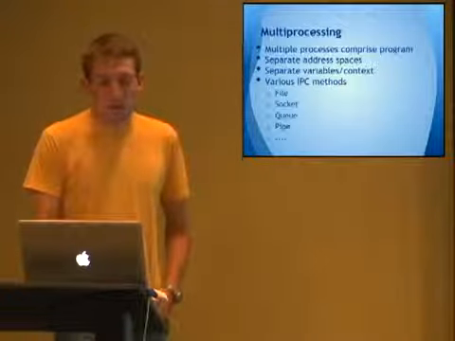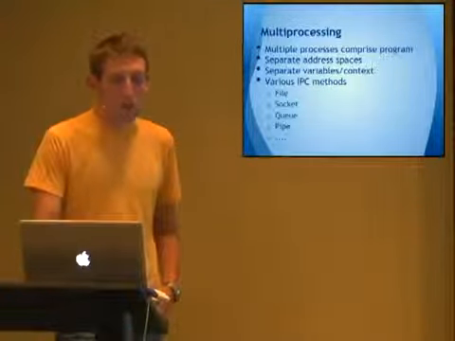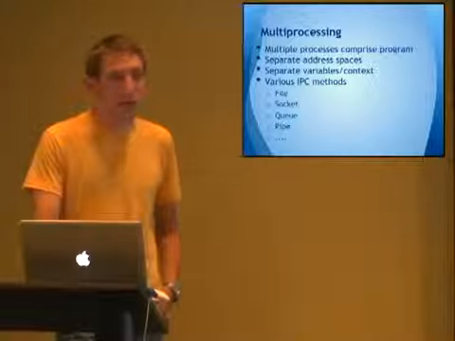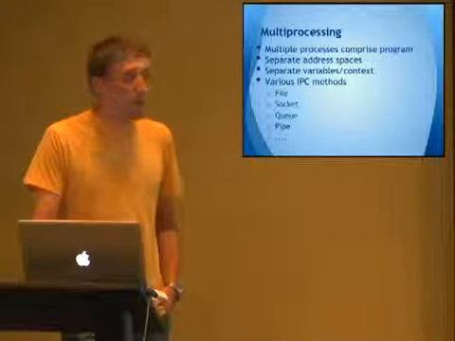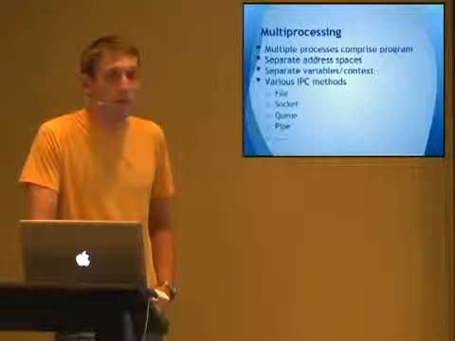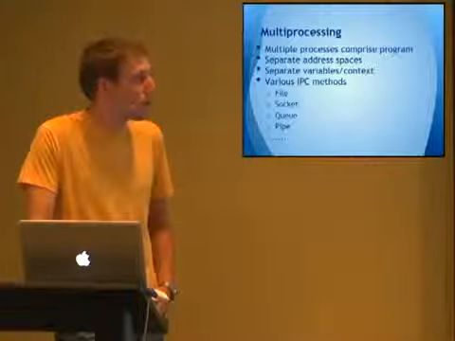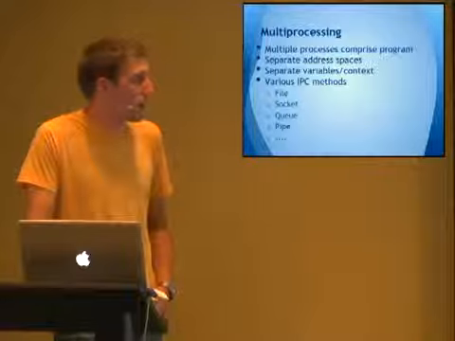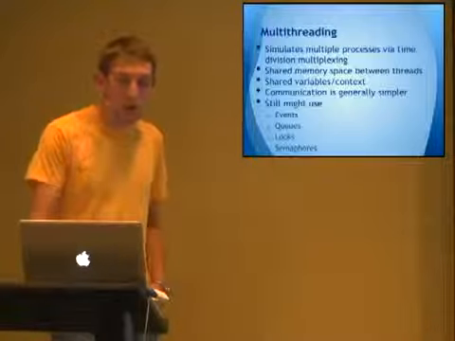There are a lot of methods for this. You can have files for communication. You can do sockets, queues, pipes. It's pretty messy. From my experience, I generally try to avoid writing any application that requires more than one process. There are a lot of easier options.